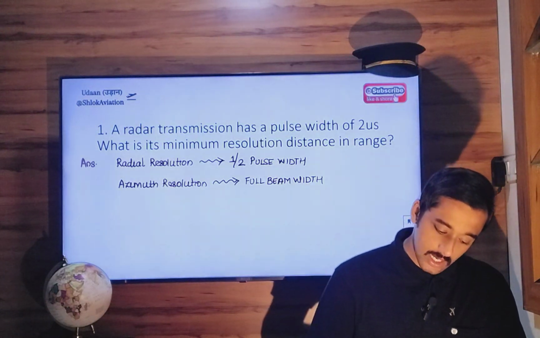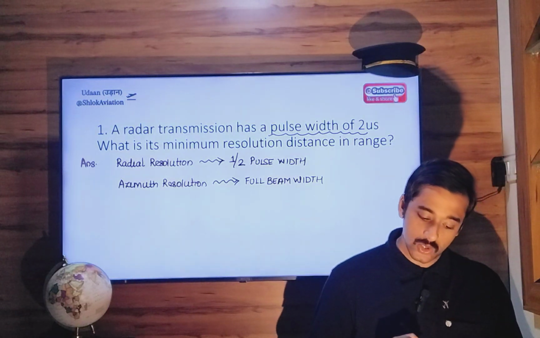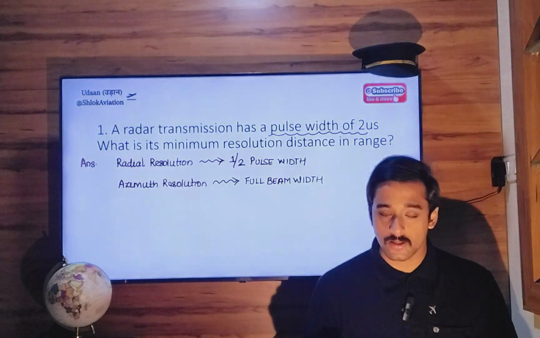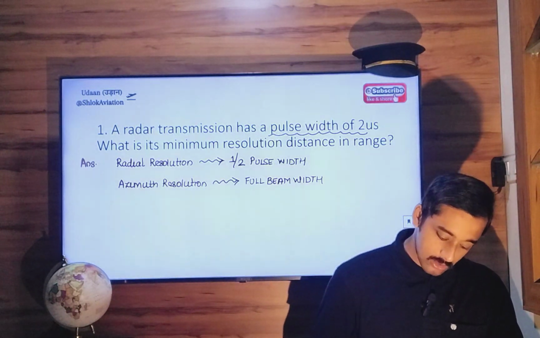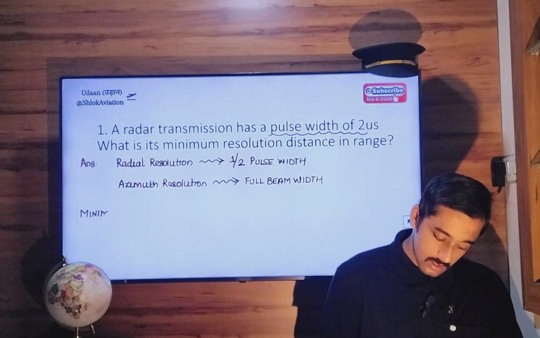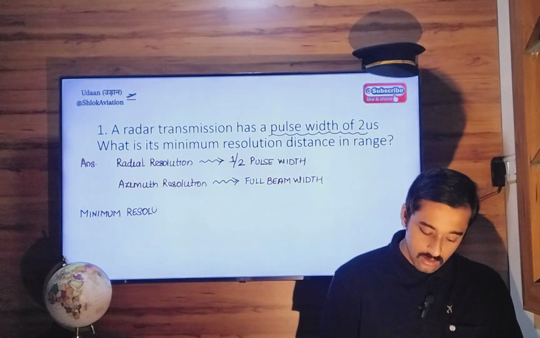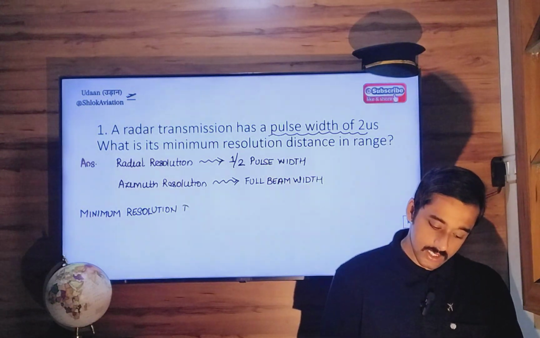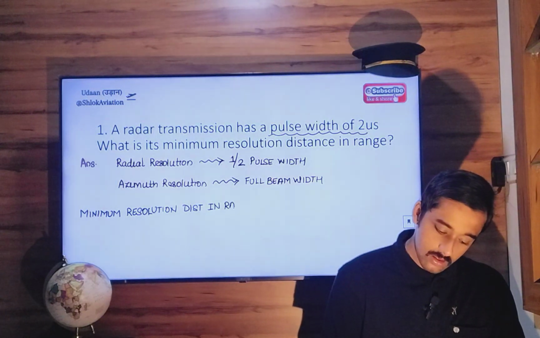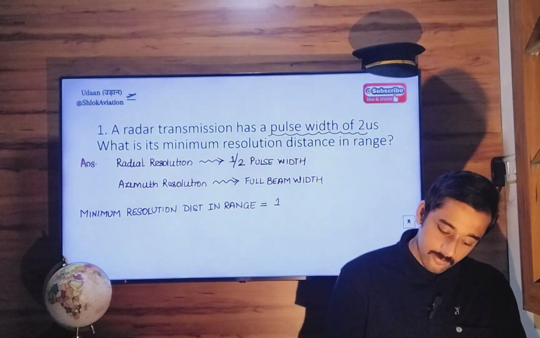So here they have given us a pulse width of 2 microseconds, and they have asked us to find out the minimum resolution distance, the minimum radial resolution. The minimum resolution distance in range will be equal to half the pulse width.